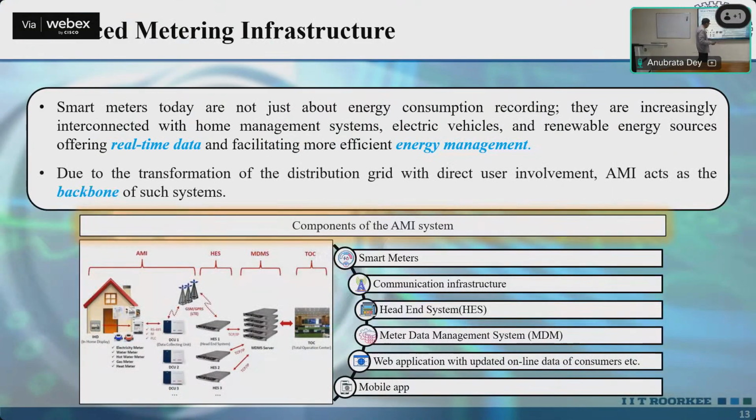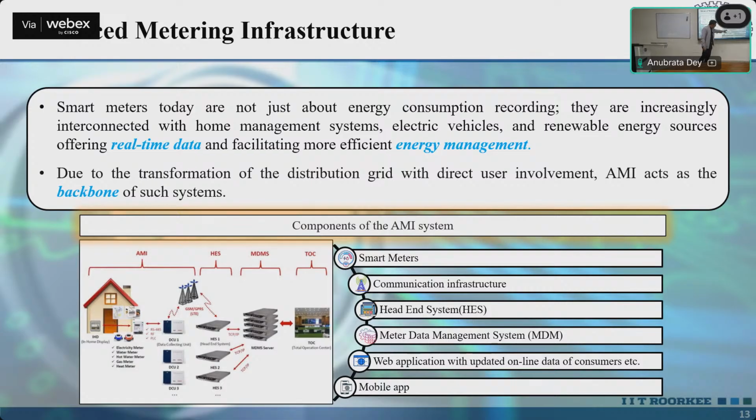Before we move, let us see what the architecture of your advanced metering infrastructure is. What are the components of your AMI? It contains, obviously, the smart meter itself, which is inside the house.